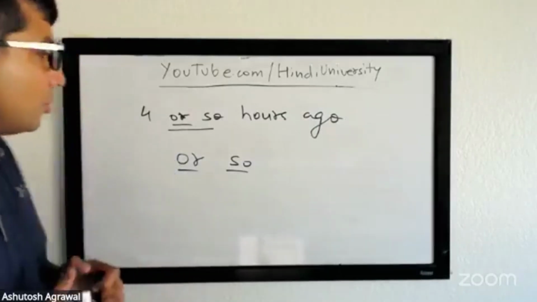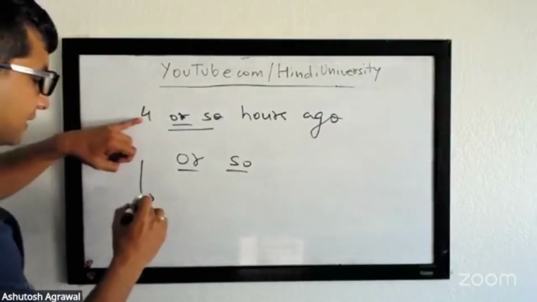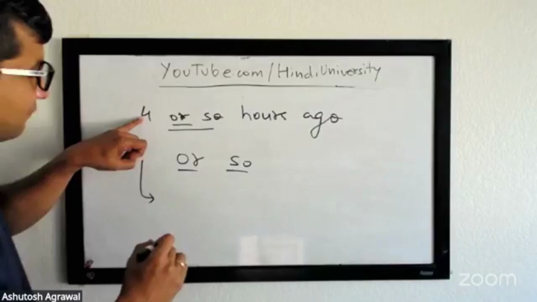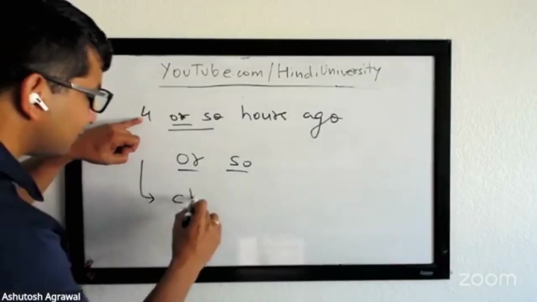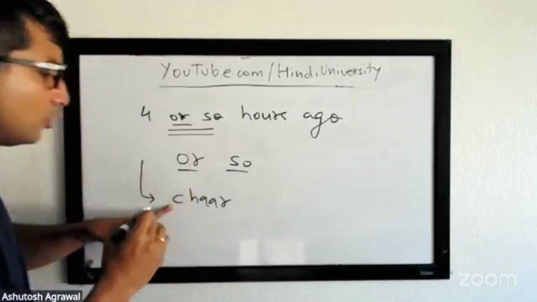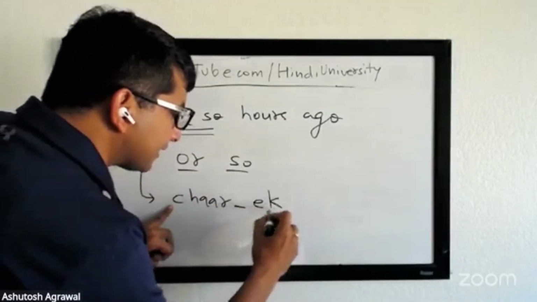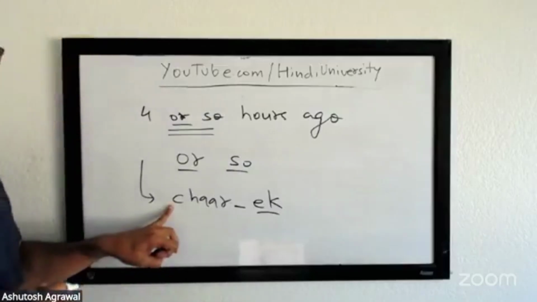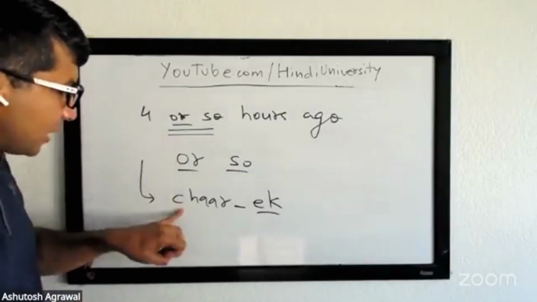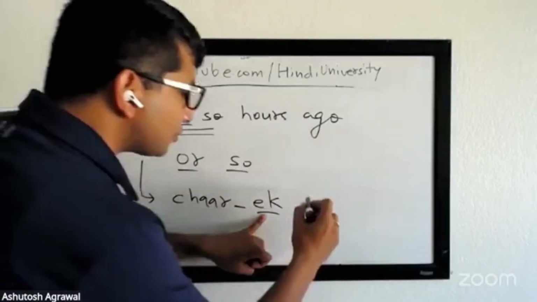Okay, so you already know what is 4 in Hindi, Michael ji? 4 in Hindi would be char. Very good. Whenever you have a notion of or so, what you do is you put ek next to the cardinal number. So 4 is char. You just put ek. Okay. Hours ago.